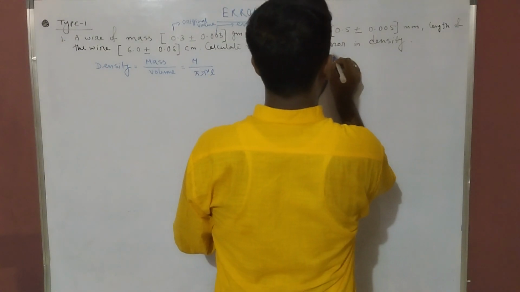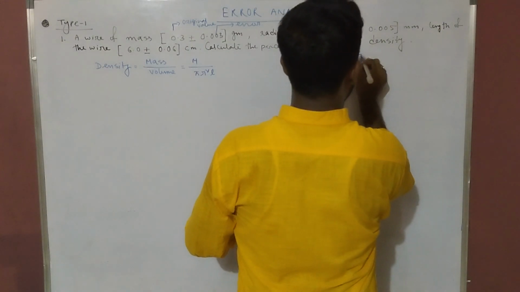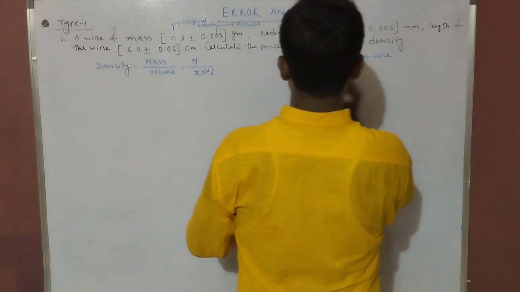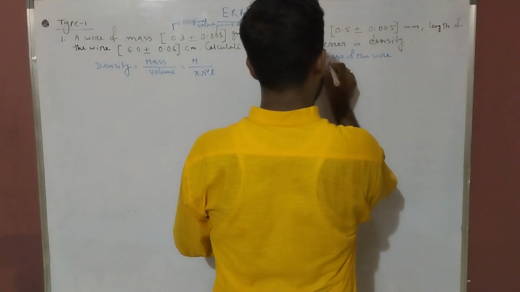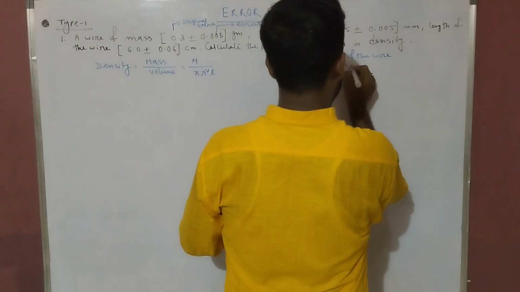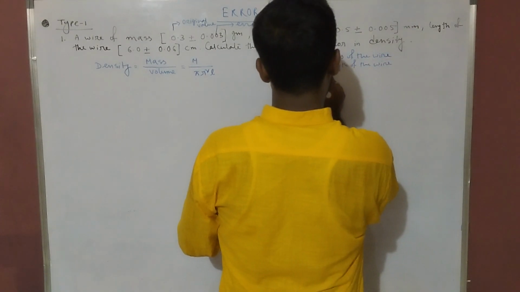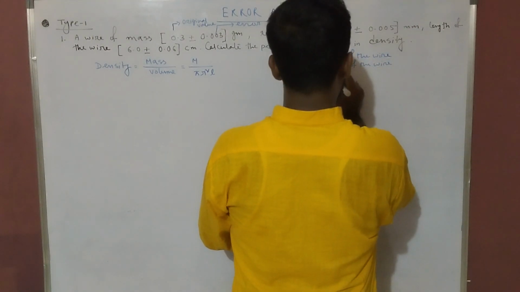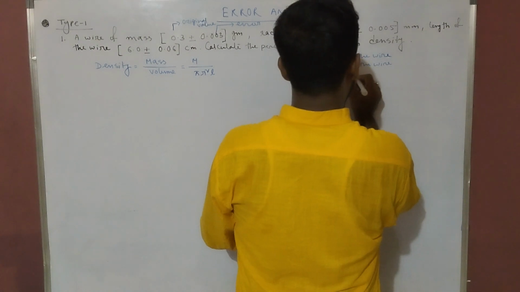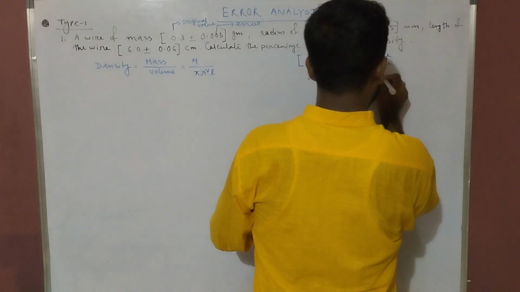Where, this is a cylinder, where m is equal to mass of the wire, L is equal to length of the wire, and R is equal to radius of the wire.